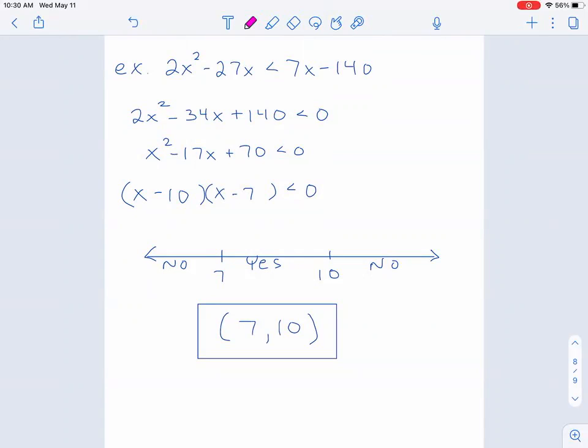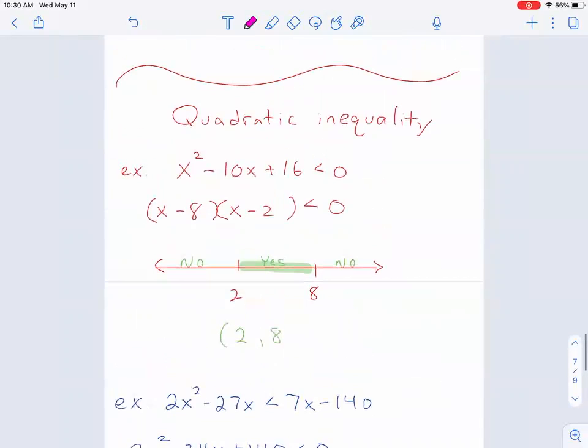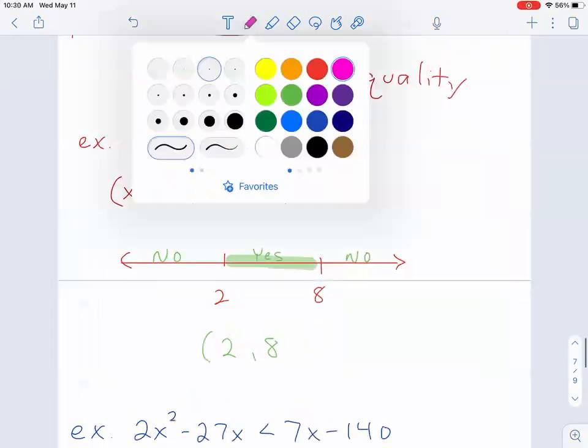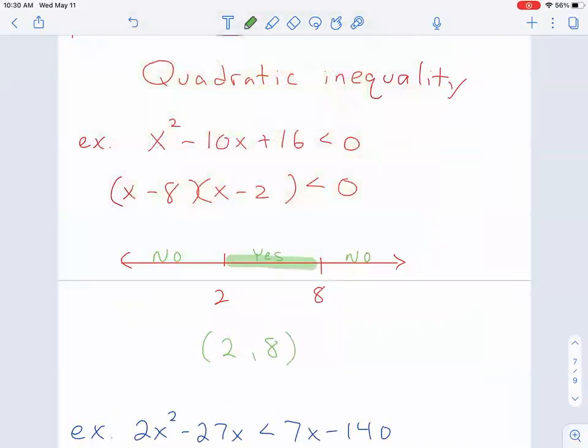Another great question. Let's think about what's actually happening here. So the question was, is the answer always between the boundaries or not? Or can it be to the left and to the right? What kind of shape is that? X squared minus 10x plus 16. What kind of shape? Parabola. Which way does it open? Yeah, opens upward.